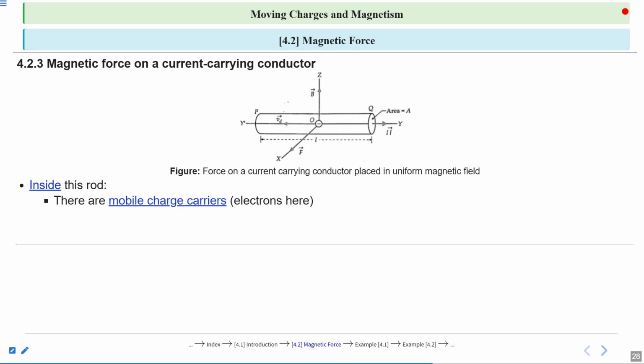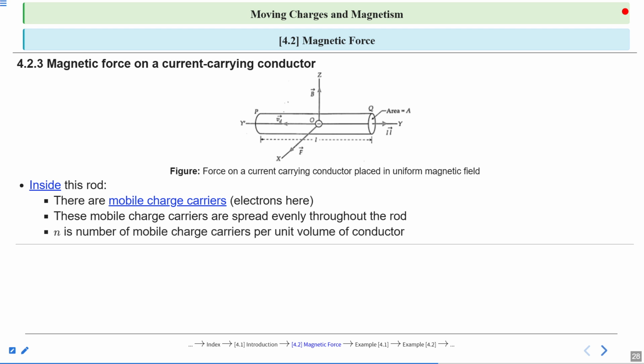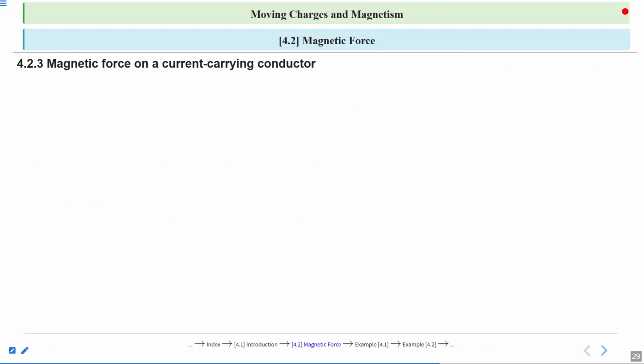Specifically in conductors there are electrons, but we are deriving the generalized result for all types of mobile charge carriers, either positive or negative. These mobile charge carriers are spread evenly throughout the rod. Also, small n is the number density, the number of mobile charge carriers per unit volume of the conductor.